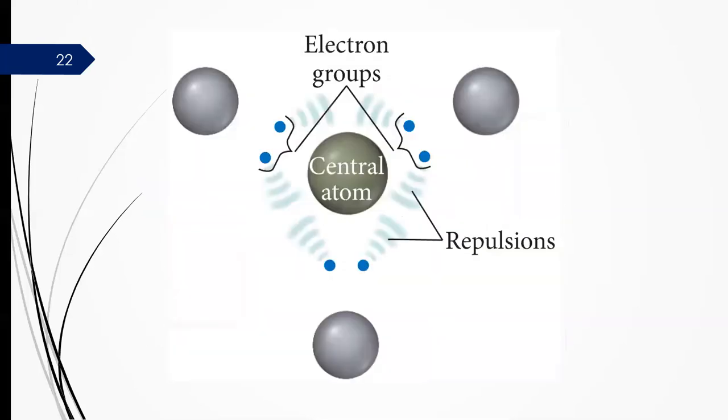So if you imagine this is our central atom, and our electron groups, these three here, you can see that they've taken up this shape so that they're spread out as far as possible.